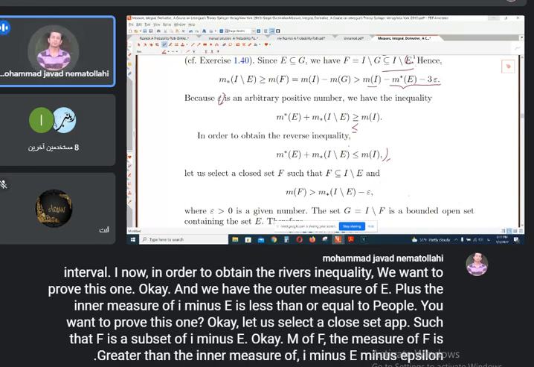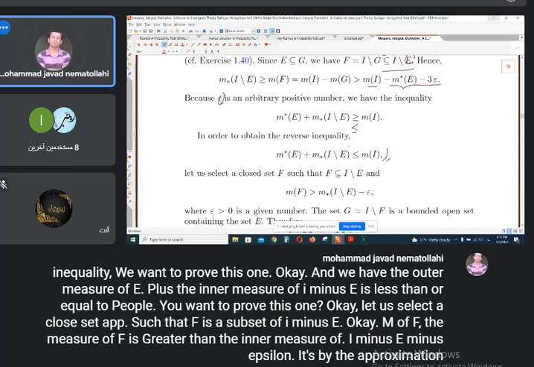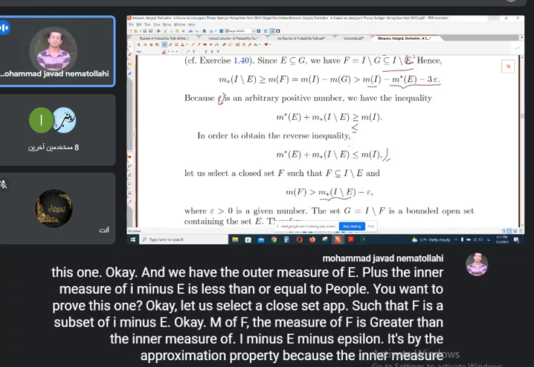It's by the approximation property, because the inner measure is a supremum.